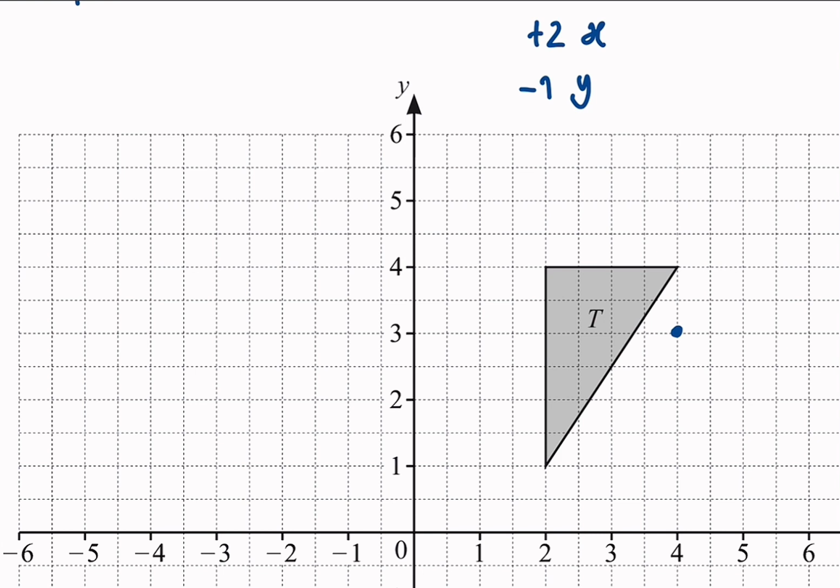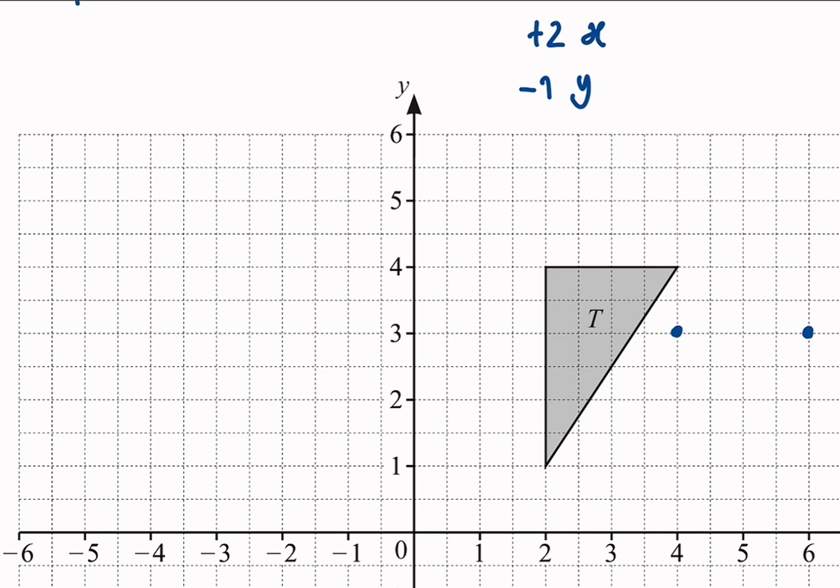Plus 2 in x direction, which means from 4 into 6, and then minus 1 in y direction from 4 into 3. So this is the second dot. And the last dot.